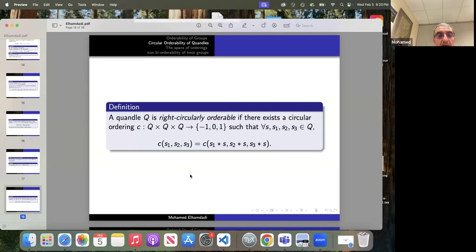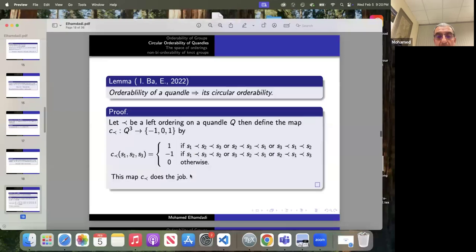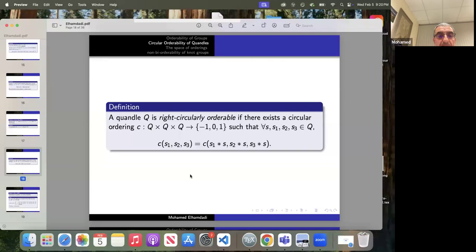We can define right circular orderability on a quandle. The same way, we define a right circular ordering on a quandle as a circular ordering on the set, but we require it to be invariant from the right.